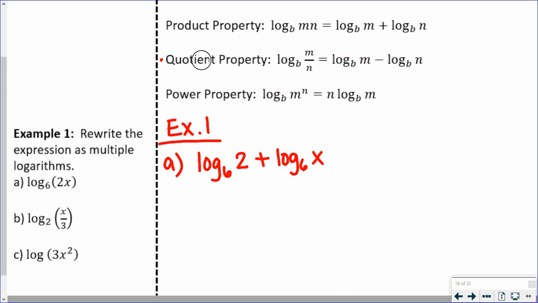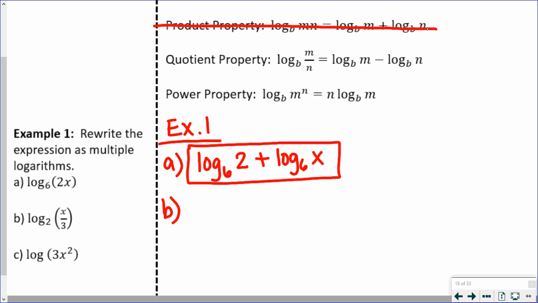Okay, so this is your final answer. That's as far as you can go. Okay, now let's look at part B. So part B has log base 2 of x divided by 3. So we're doing division, so that means it's this property. Okay, so then that means we split it up, and whatever's on the bottom gets the minus sign in front.